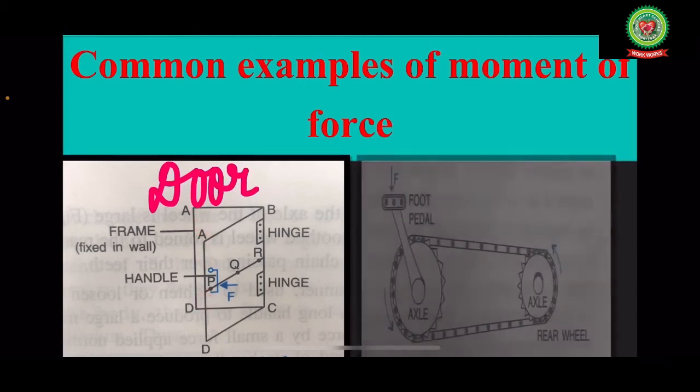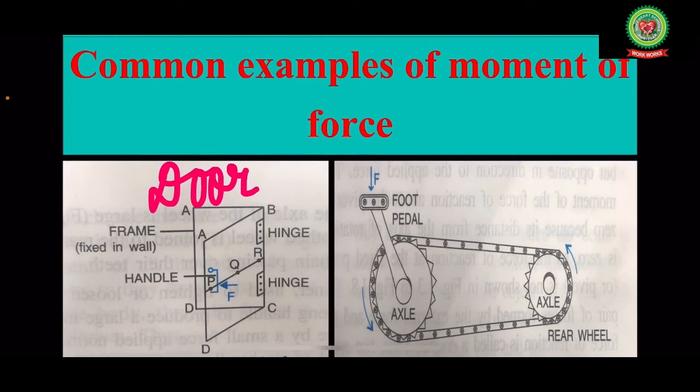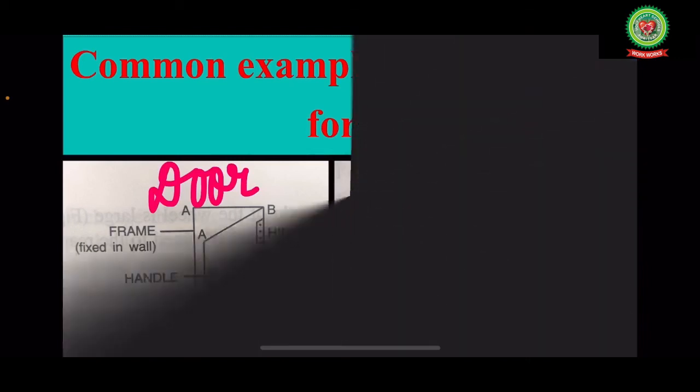The next example is example of pedals of a cycle. This is the rear wheel of the cycle and this is the front wheel. And this is the foot pedal. This distance is always made large so that to rotate this wheel less effort is required, because as we know that torque is equal to force into perpendicular distance, more will be the perpendicular distance, less force will be required to produce the desired turning effect.